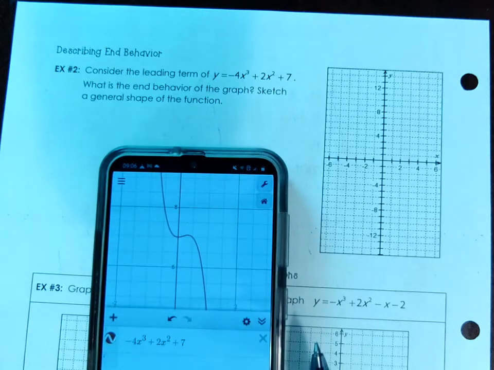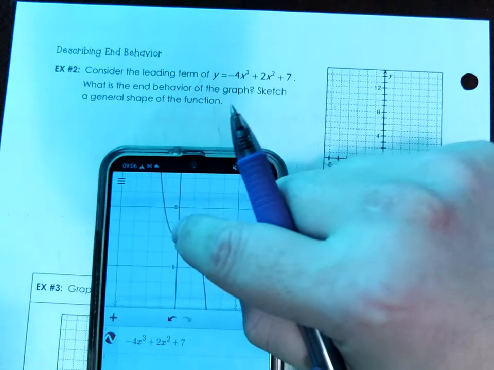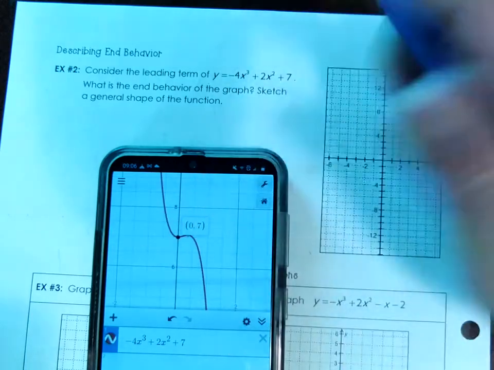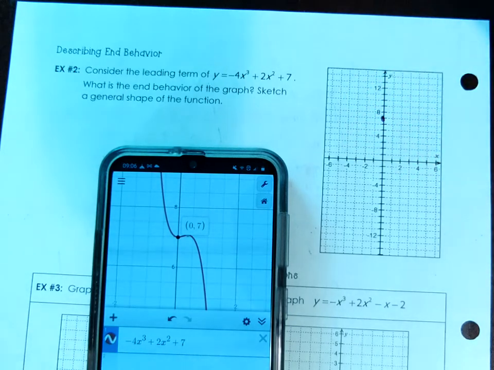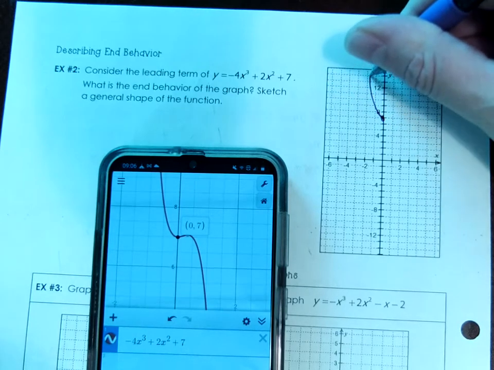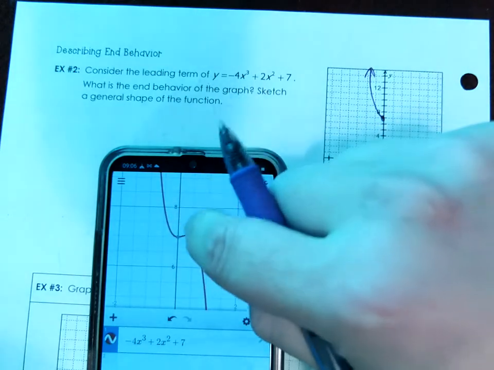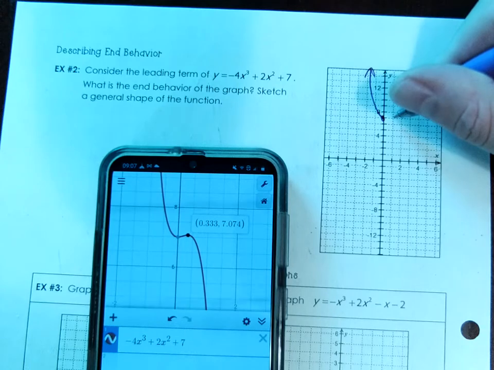Alright, so there's what I got. Negative 4x cubed plus 2x squared plus 7. So let's just touch the points and see where it starts on the y-axis here. So it says it's got a point of interest at 0, 7. And from 0, 7, it's pointing up on the left. So it's pointing upwards on the left, smiley face on the left. And then this one here is 1/3 and then 7 and 7/10.